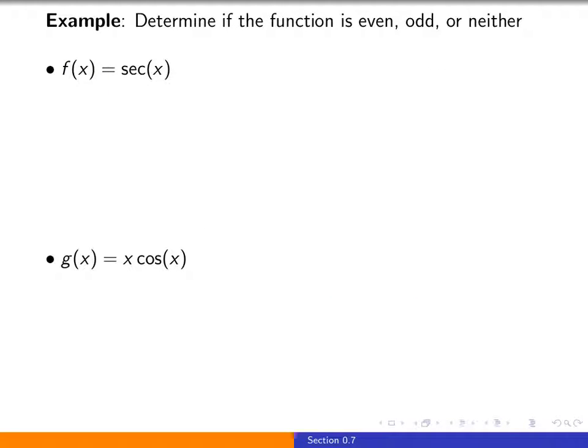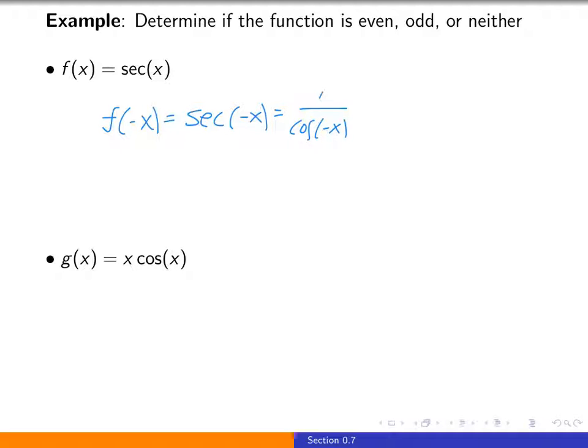So let's determine if the following functions are even, odd, or neither. To determine if the function is even or odd, what we have to do is plug in minus x and see how that's related to the original function. So f of minus x is secant of minus x, and we need to recall that secant is 1 over cosine. So 1 over cosine of minus x.